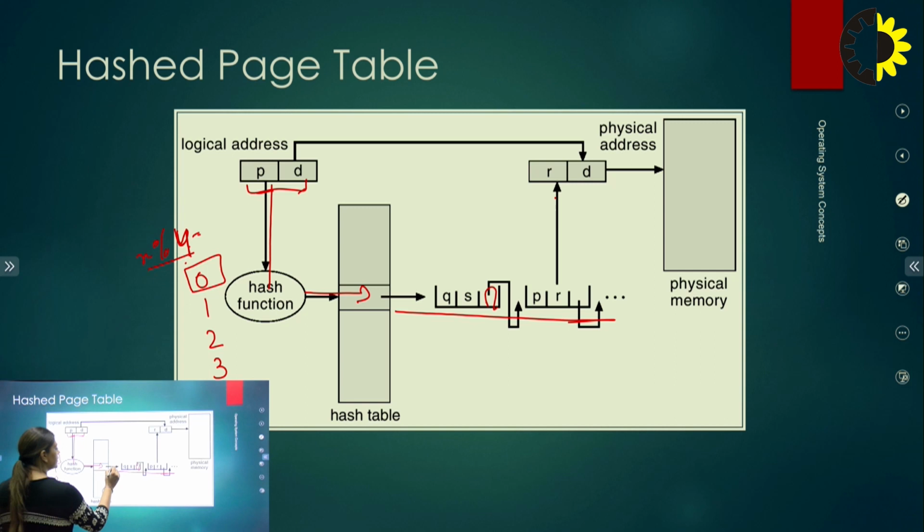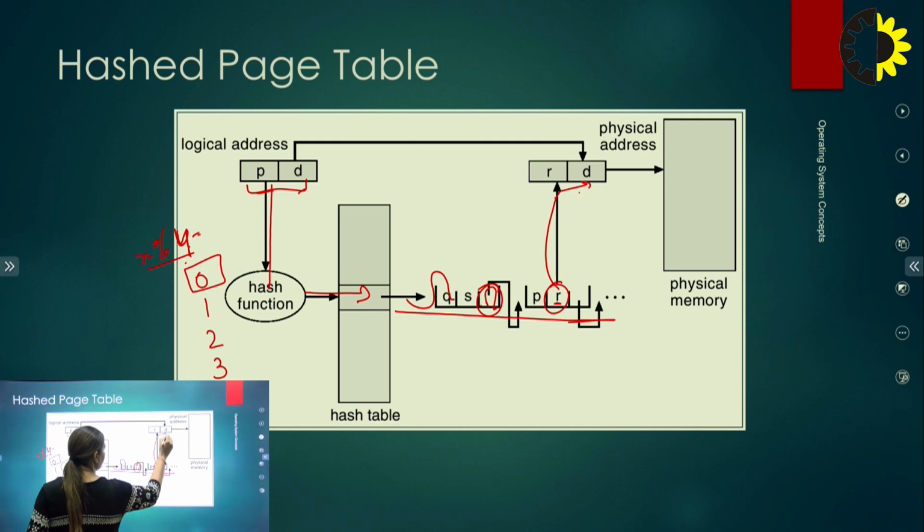Now we will see where R is. We will keep on moving until we get R, right? And we will go from one record to another with the linked list pointer value, which tells us where the next record is. And finally we will get that R and combine it with D and get the physical address.